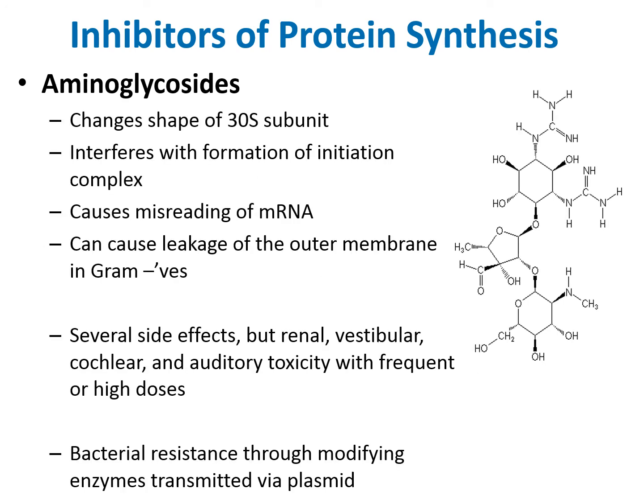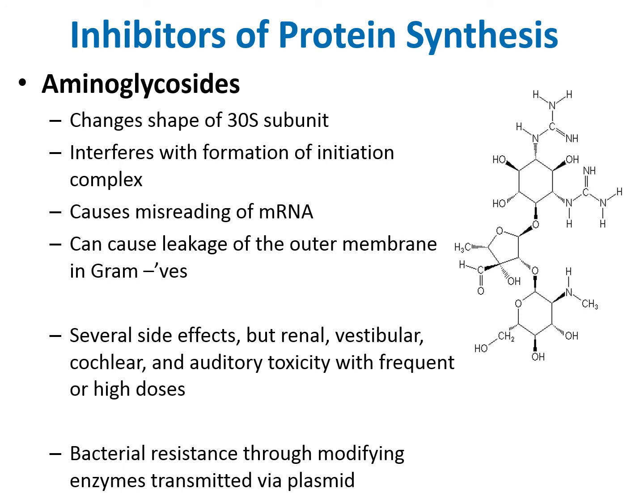So what do these antibiotics do? Your aminoglycosides change the shape of the 30S subunit. This interferes with the formation of that 30S initiation complex that I talked about. Also, this interference causes the messenger RNAs to be misread. Okay.